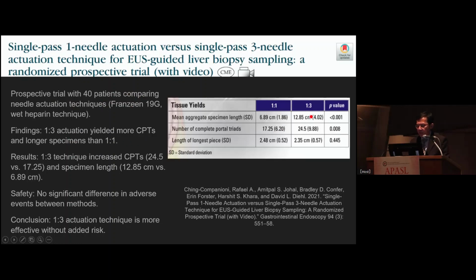As you see in this table, the mean aggregate specimen length with 3 actuations is 4.0, and with 1 actuation only 1.8, which is significantly different. The number of complete portal triads with 3 actuations is also better than with 1 actuation. The length of the longest piece is not much different between both. So the conclusion from this paper suggests 3 actuations for the technique.